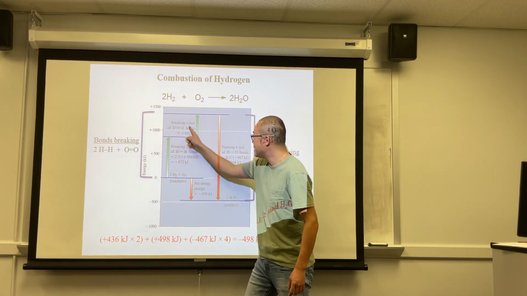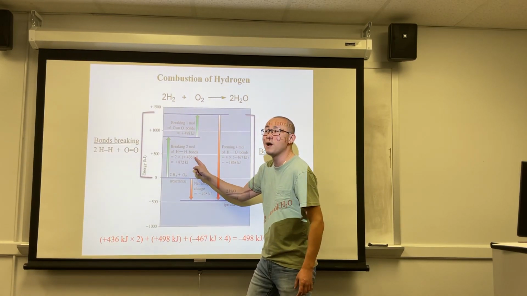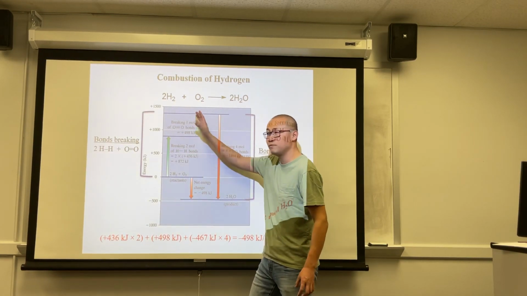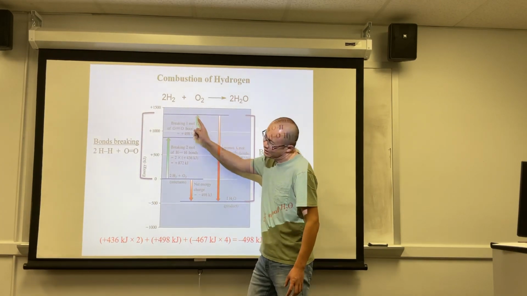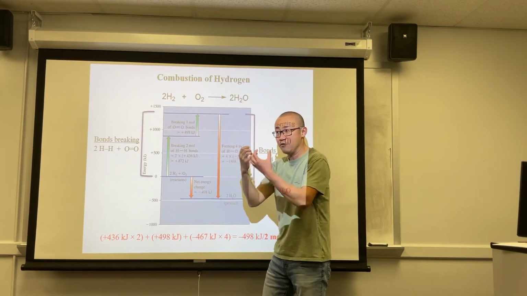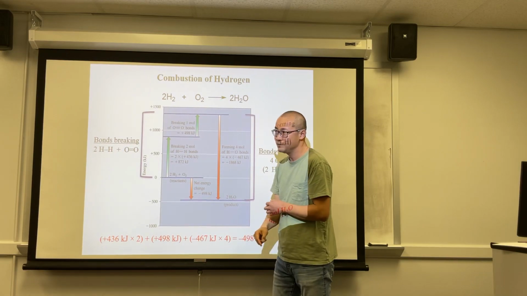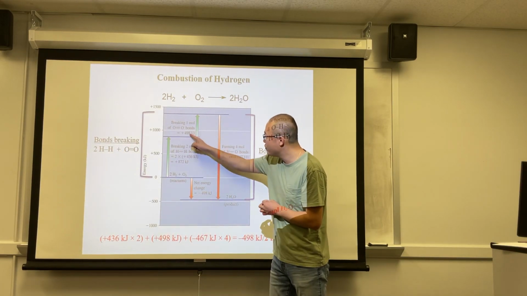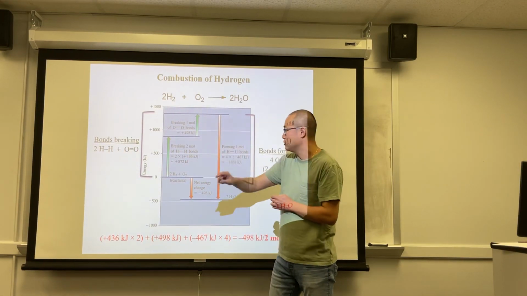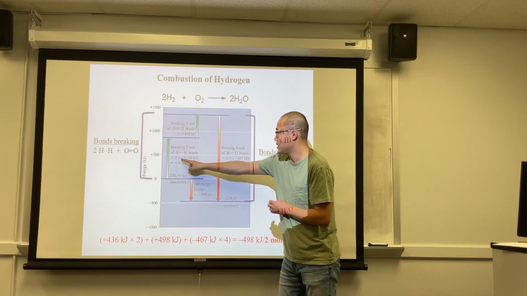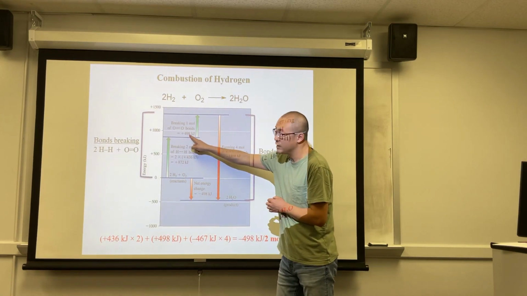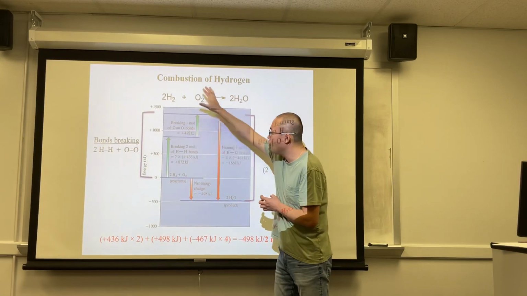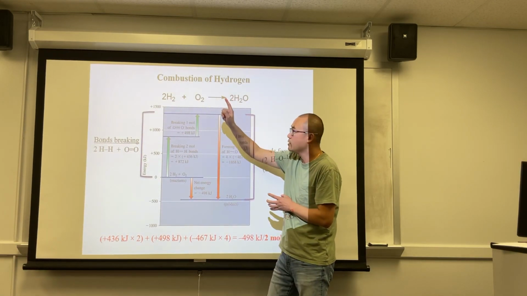So you can see these values are all positive. When you have a positive number, the energy is going up, because you're absorbing energy, you need energy to break these bonds. Does this make sense? So these are all the numbers for breaking bonds. 872 comes from two of those, plus 498. Those are all the breaking ones, the positive numbers.